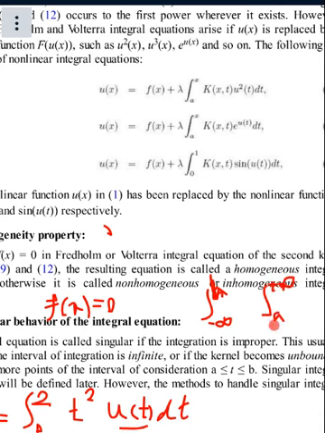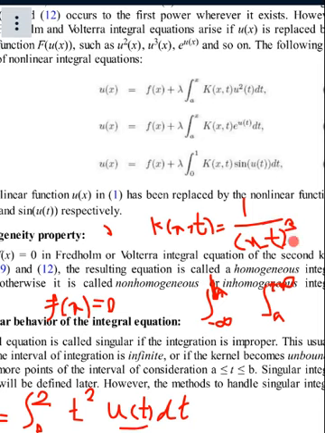Or we have the kernel of integration, the function k, which is called the kernel of the integral equation, somehow that it gives an improper value. For example, if we have 1 over x minus t to the power 3.